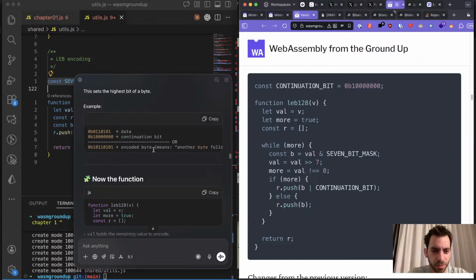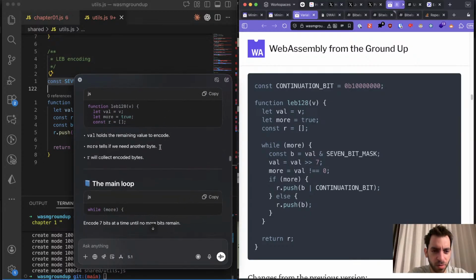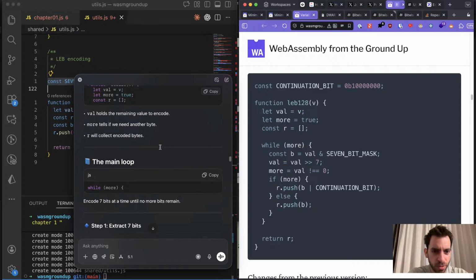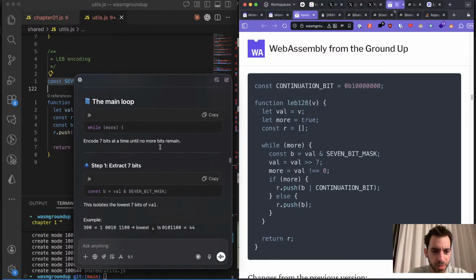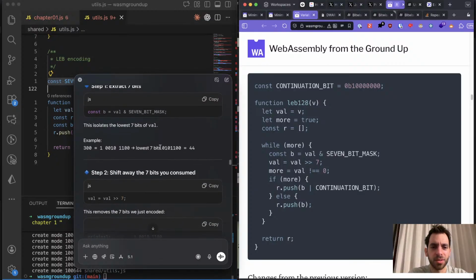Data with the continuation bit on an encoded byte means another byte follows. Okay, that we understand. Val holds the remaining value to encode. More tells if we need another byte, r will collect encoded bytes, while the mask extracts 7 bits.